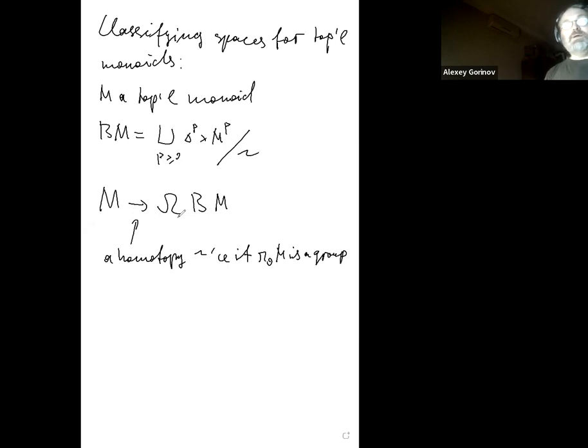Okay. Now, and by the way, we will not need it. All we will need is an equivalence on the level of spaces, not H spaces, and on the level of spaces, it's not too hard to prove that we do indeed have an equivalence if pi naught is a group.